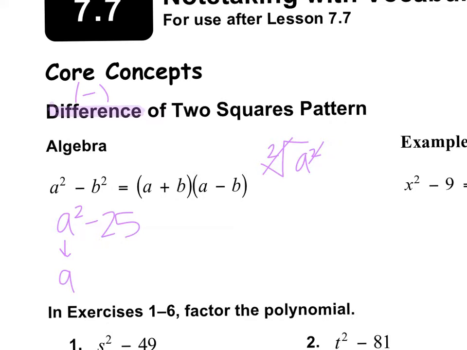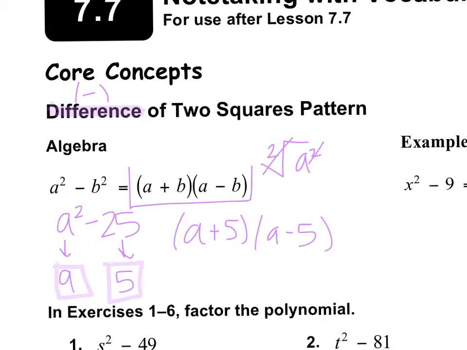Okay, what about the square root of 25 we just came up with? 5, right? Okay, so once I come up with these two, my a and my 5, I want to think about writing the plus version and the minus version. So a plus 5, a minus 5. Okay, so that's what this is telling us up here.